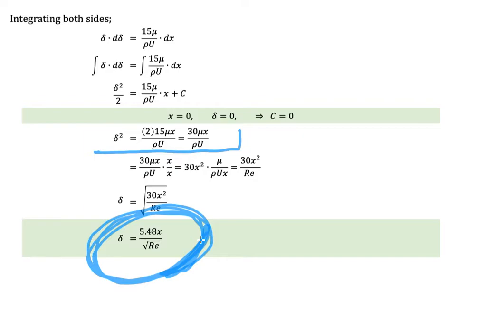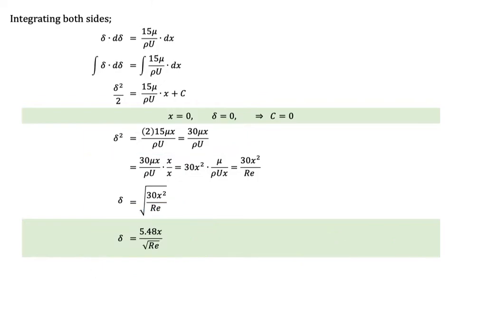So we will have a square root Reynolds everywhere in the equation. Okay, so this is the delta, the boundary layer thickness for the polynomial velocity profile. So how to calculate this one?